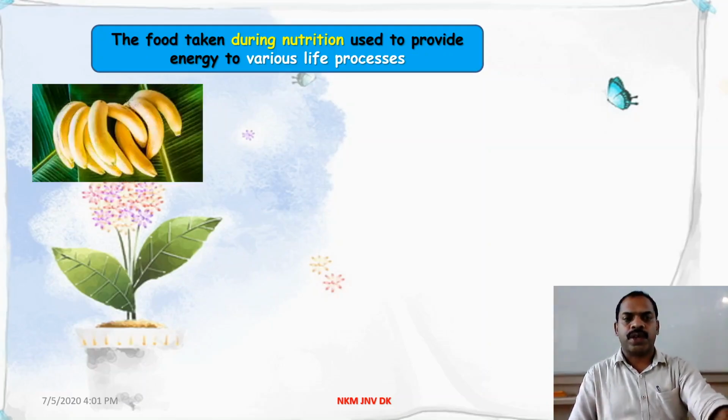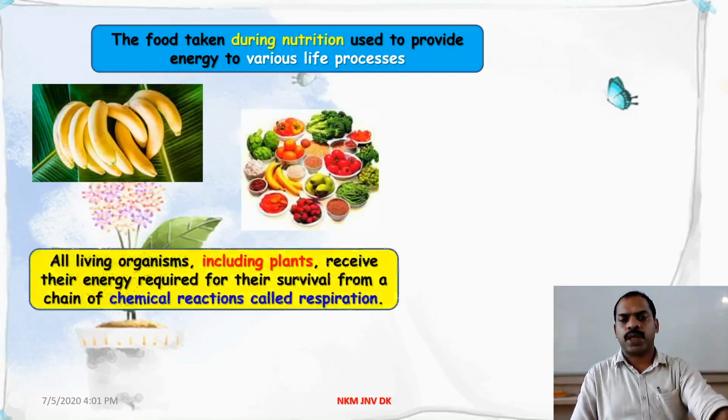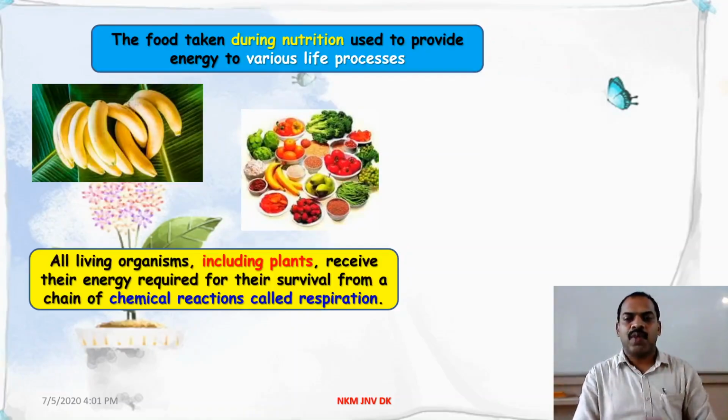So whatever the food is, whether it is simple food or complex food, how does it provide us the energy? That process is called respiration, one of the very important vital life processes.